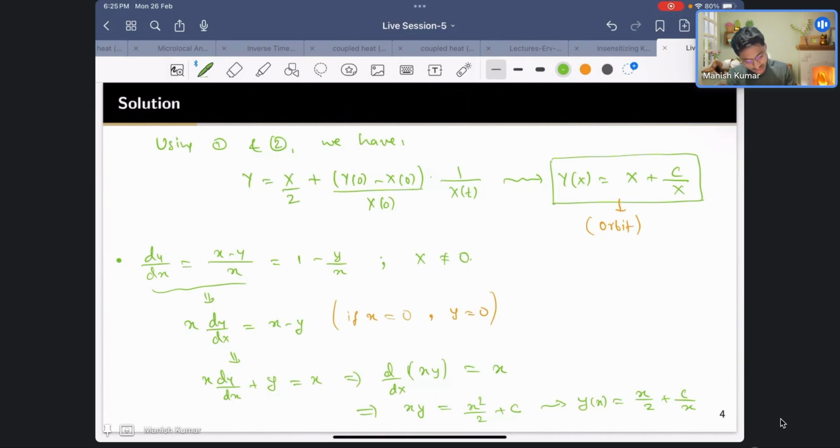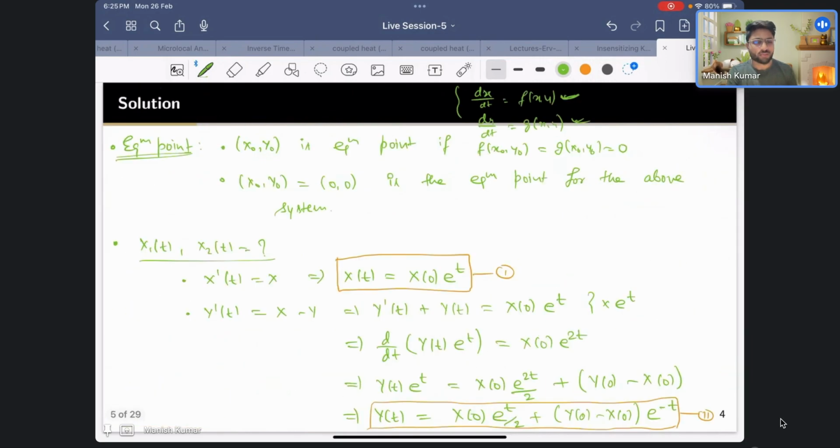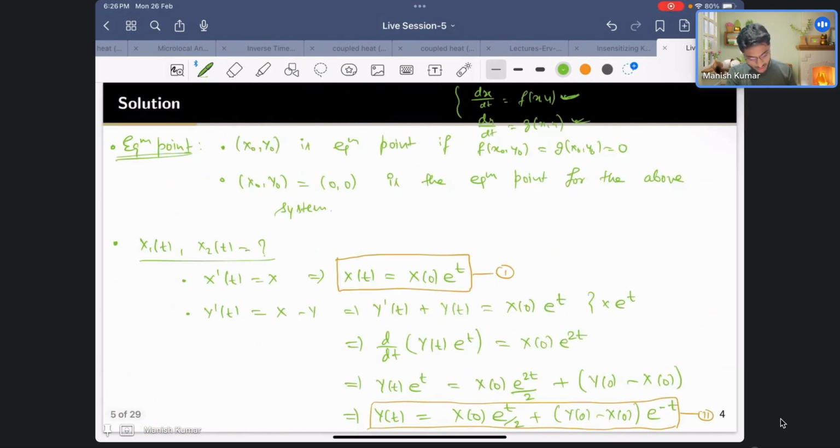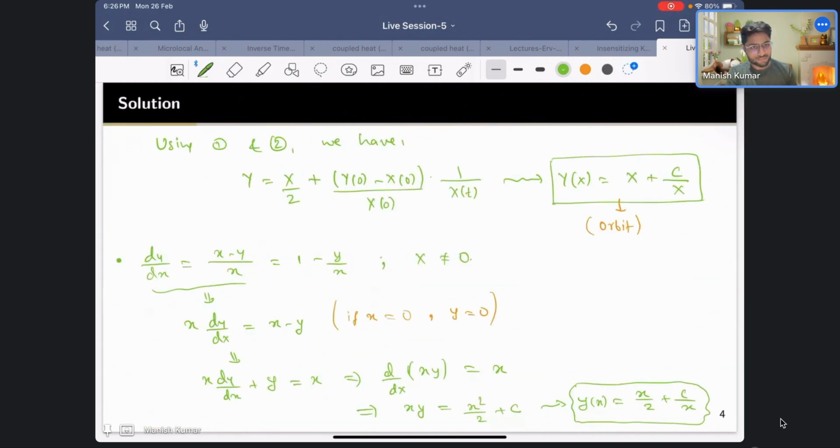You can clearly see that in both cases we are getting the same thing, and this is what we should expect. So these are the two ways; whichever suits you depending on the problem, you can use according to your convenience. This is how we can obtain the solution orbits.